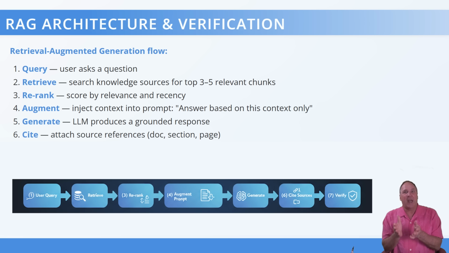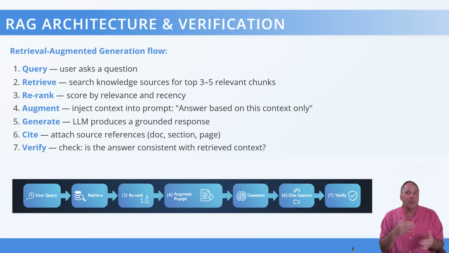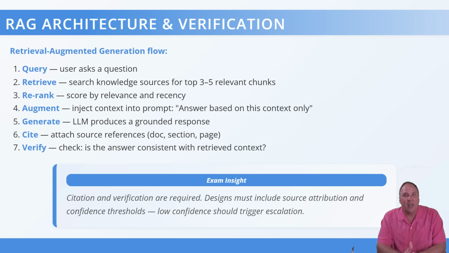The system attaches the source citations, and a verification check compares the answer against the retrieved context to catch inconsistencies. Citation and verification are not optional. The exam expects source attribution and confidence thresholds. If the agent isn't confident, escalate to a human rather than letting it guess.